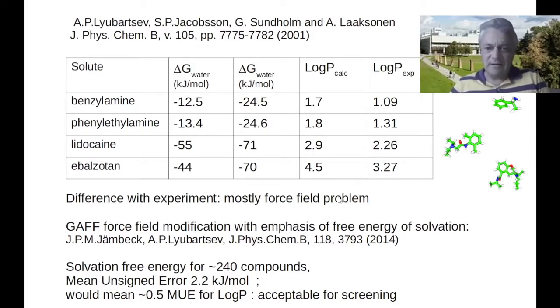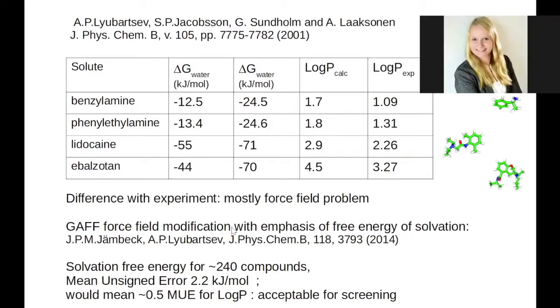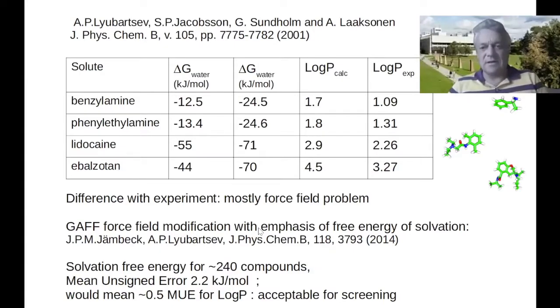Later we also made efforts to improve the force field, to properly describe the free energy of solvation and partition coefficient computation. This was work with Joachim Jambik. In this work, we modified the GAFF, the general Amber force field, parameters, to try to better describe solvation free energies.